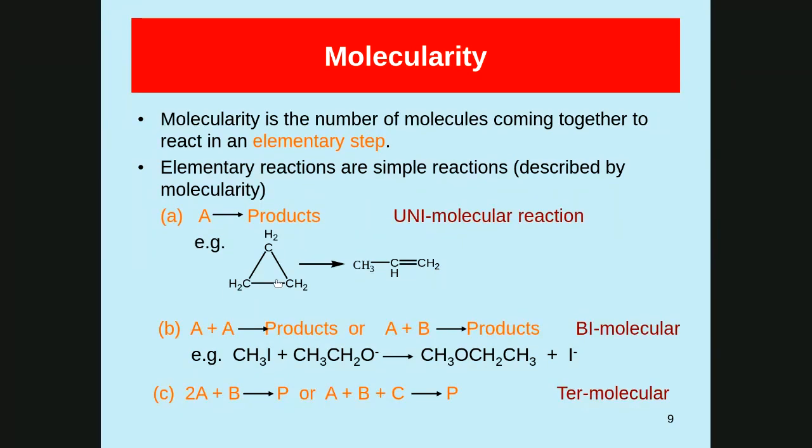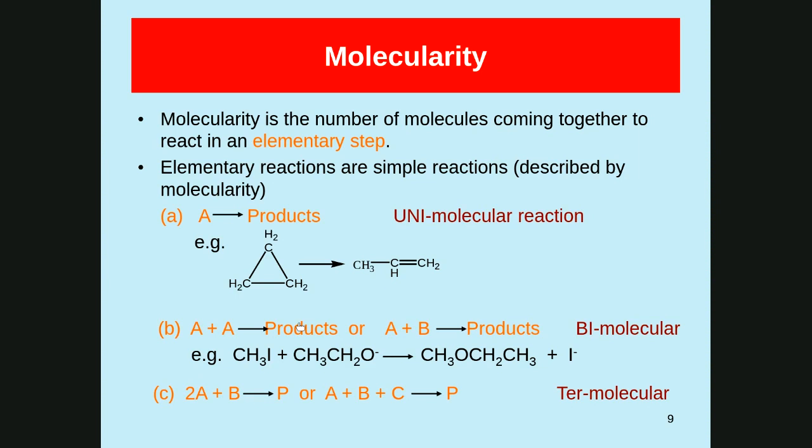So for example, this molecule here, cyclopropane, which is a fairly strained molecule, under the influence of thermal motion, can shake itself into a different configuration, a propene molecule, and that reaction is virtually irreversible, right? So this is an example of a unimolecular process.